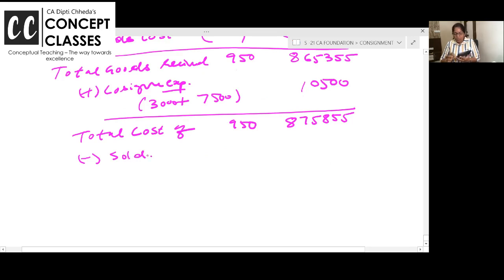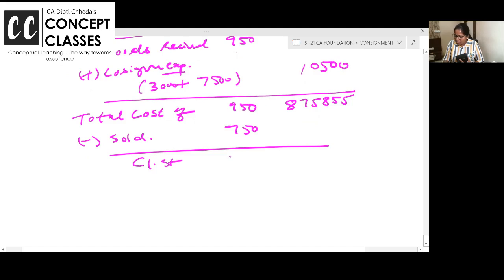Sold. How many units are sold? Out of 950 units, how many are sold? 750 are sold. So what is the closing stock?